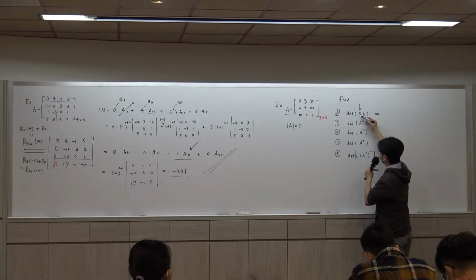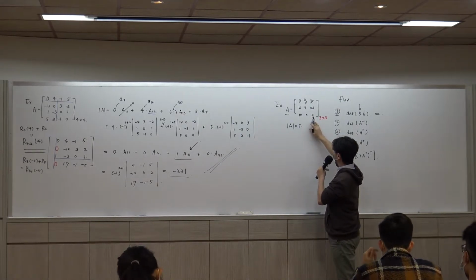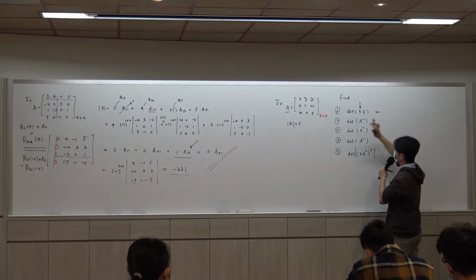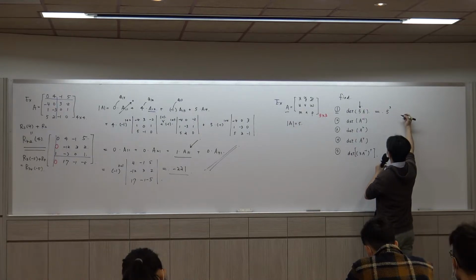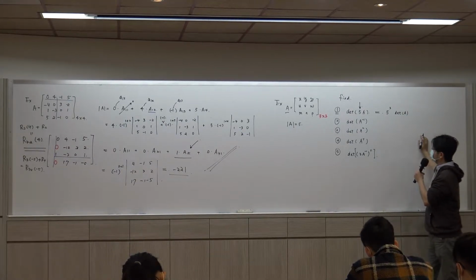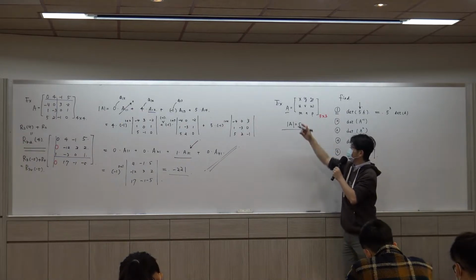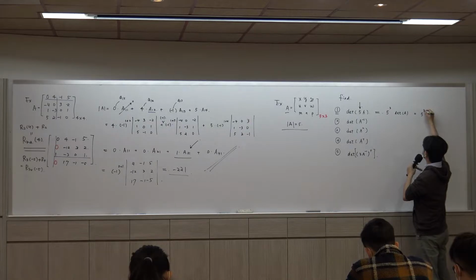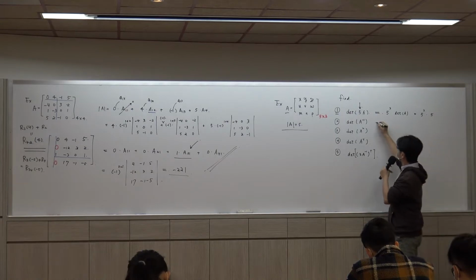The constant is applied to all the elements, so it would equal 5 to the power of 3 times the determinant. The determinant of A is given, so here the answer is this.